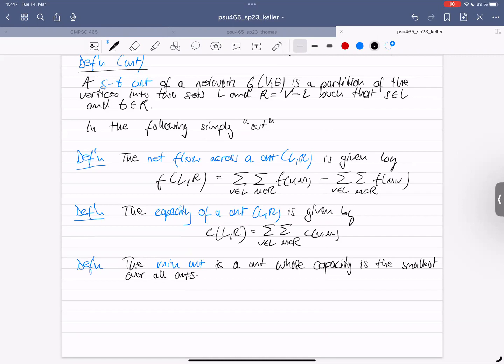So we will see later that we can now use the capacity of a cut and the net flow of a cut to upper bound one by the other. But really we're interested in the value of a flow, not necessarily the net flow across a cut. And the next lemma tells us basically that the two things are the same.